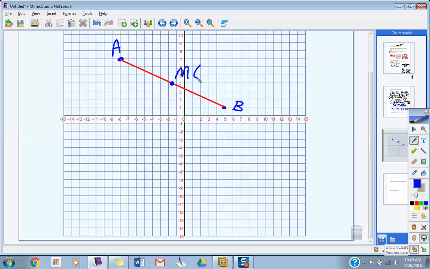Looks like -1.5, comma, 4. I would write down M and then equals -1.5, comma, 4. And I'd put parentheses around it, okay?